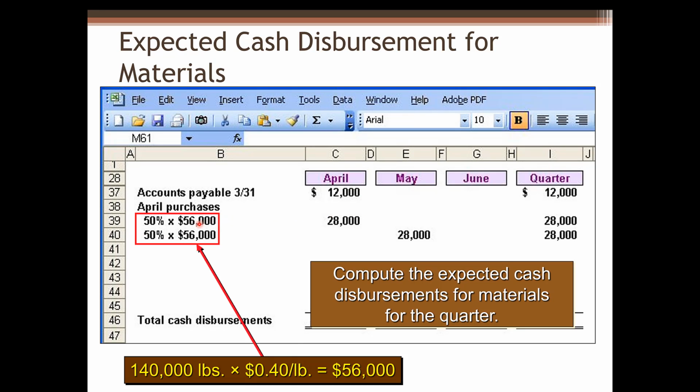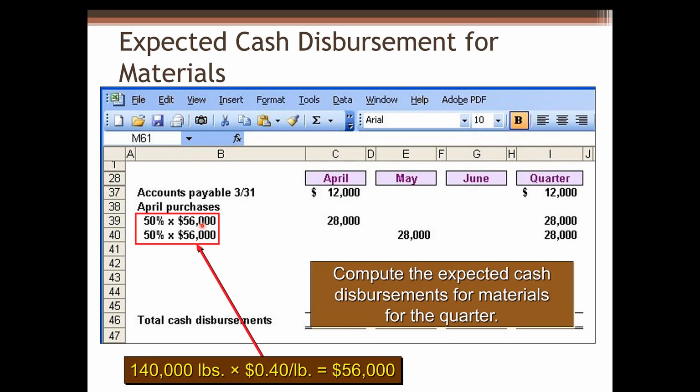Now let's take a look at cash disbursements for April purchases. From the direct materials budget table we've just prepared, materials to be purchased in April are 140,000 pounds. For each pound, it costs 40 cents. So we calculate total purchases in dollar amount using 140,000 pounds multiplied by 40 cents, and you get $56,000.